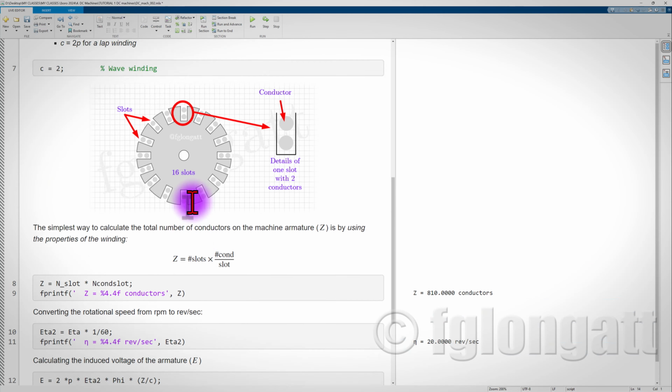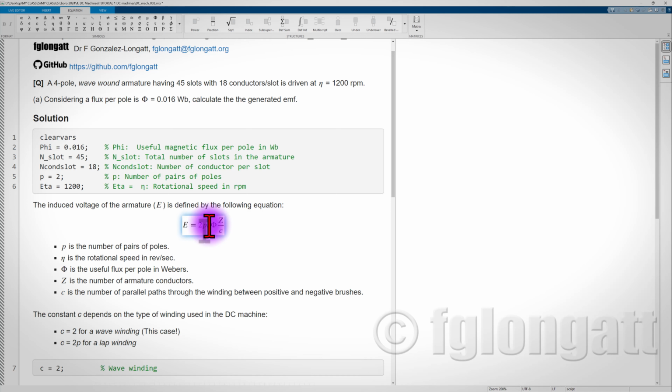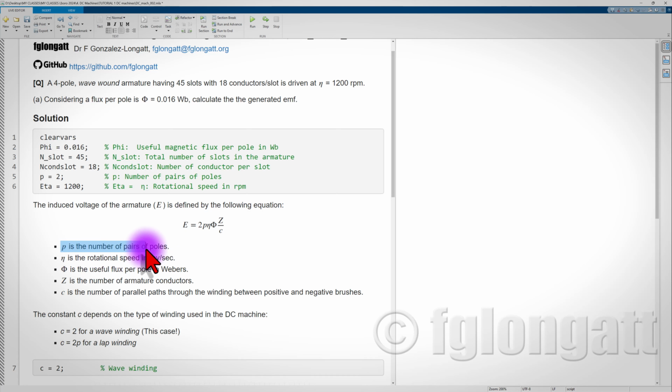Just to remind you, you need to be very careful about the units that you are using inside your equations. Remember, the rotational speed must be in revolutions per second, and also be careful with this lowercase letter p, because that represents the number of pairs of poles.